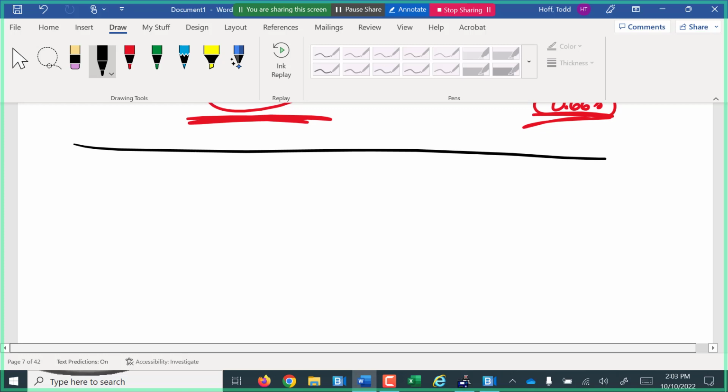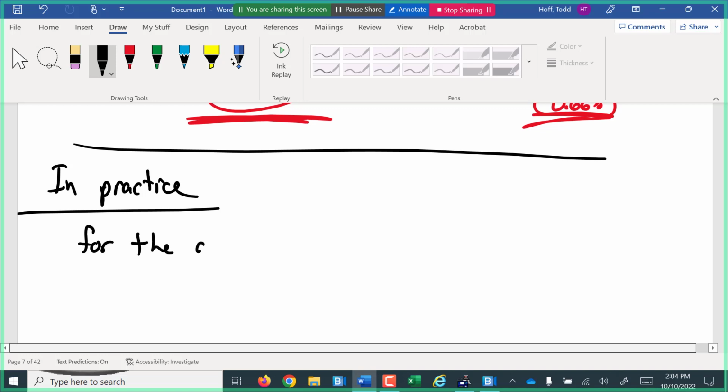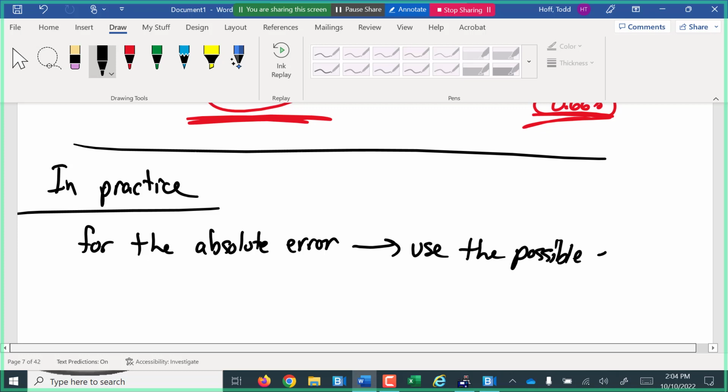So what we do in practice, we use for the absolute error the error, or the possible error, of the measuring device.